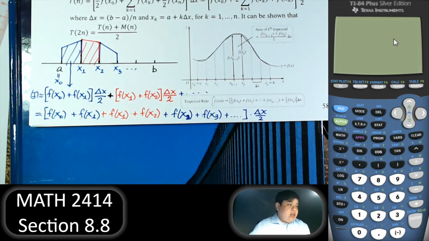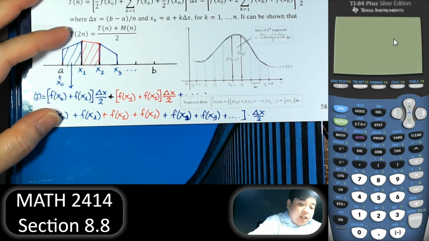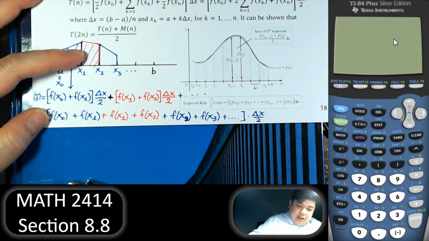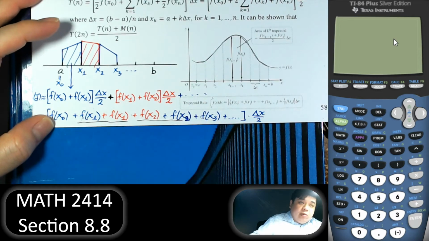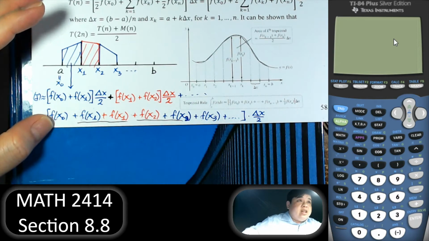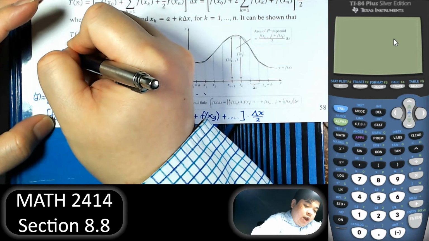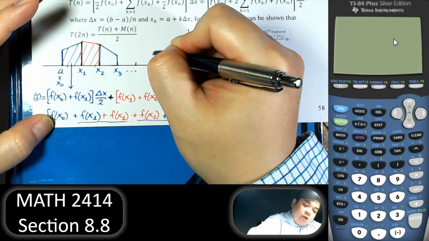Of course, when we do this, if we count, you can see that we combine like terms. So when we look at this, we see we have one on the left and one on the right.